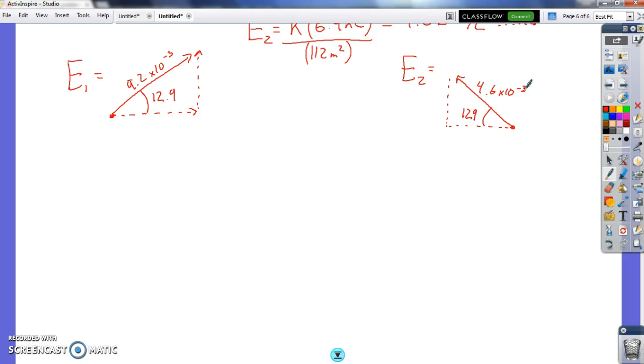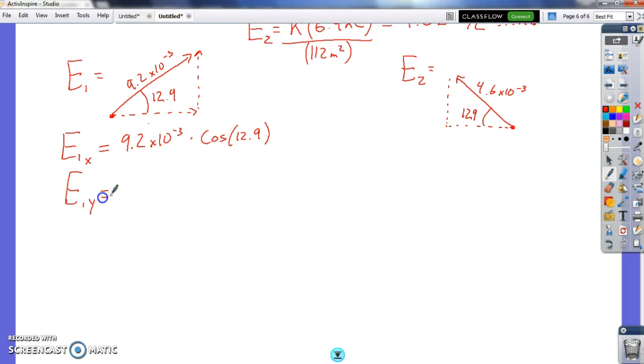So we want to find out what the X and the Y components of both of these are. So E1 to the X. Remember, the X is always a cosine, the Y is always a sine when we use this angle right here. So E1x is going to be 9.2 times 10 to the negative 3 times a cosine of 12.9.